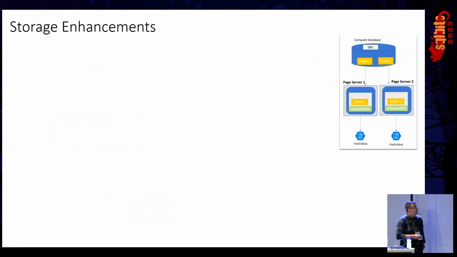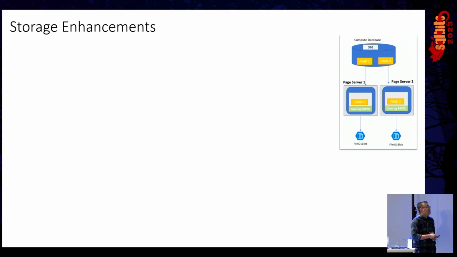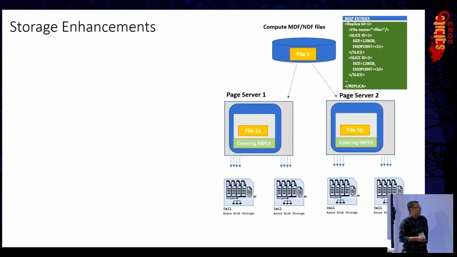Right? And then we changed the architecture a little bit. Of this storage component, we had a 1:1 mapping between a page server and what you saw as a file. So if you have an MDF or LDF, we would have one page server per file. This was actually to facilitate upgrades.